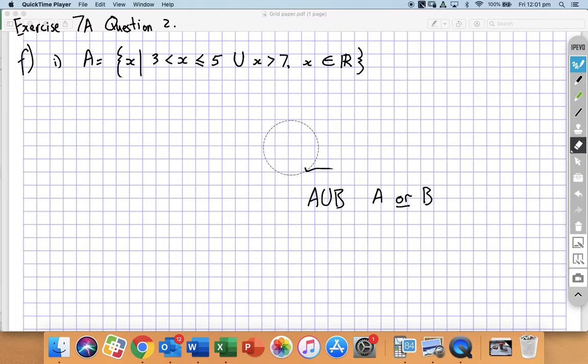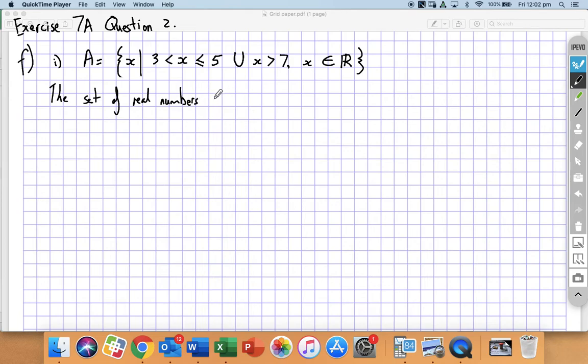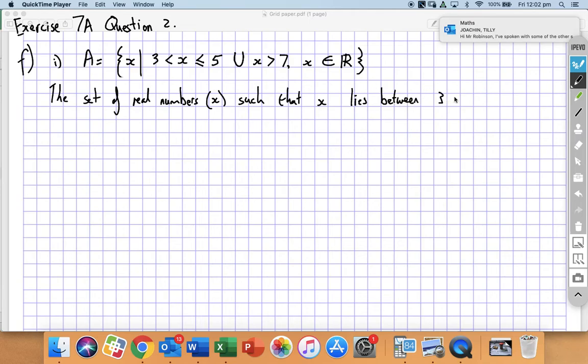Okay, so part 1, we've got to write this as a sentence. Let's try and do that quickly. The set of real numbers, we're calling those numbers x, such that x lies between 3 and 5, including 5.